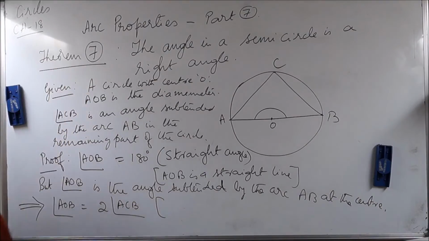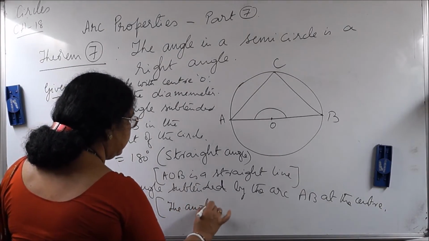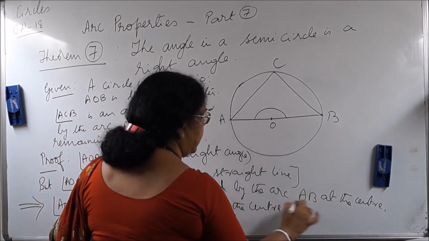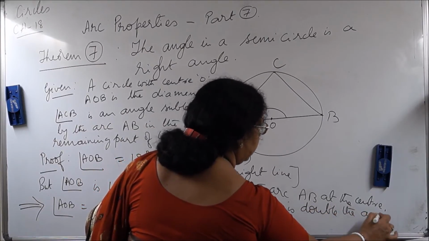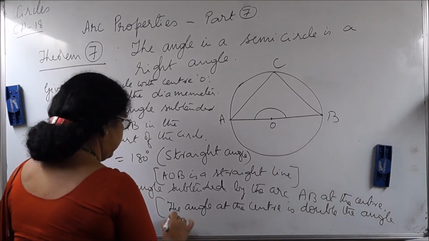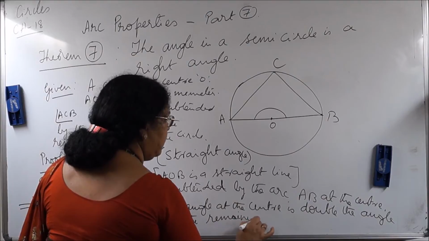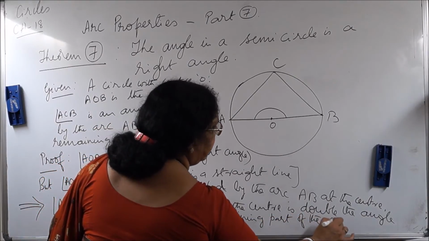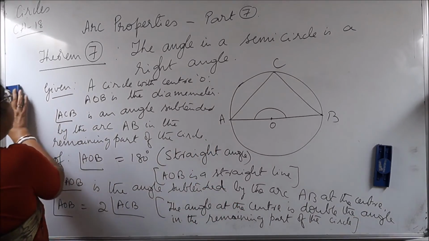According to the theorem that we learnt earlier, that is, the angle at the center is double the angle in the remaining part of the circle.